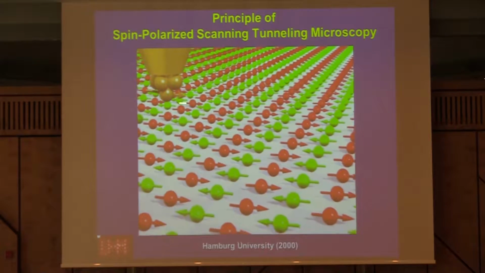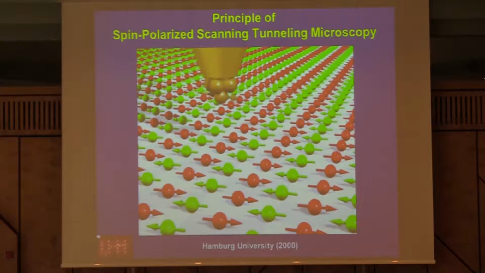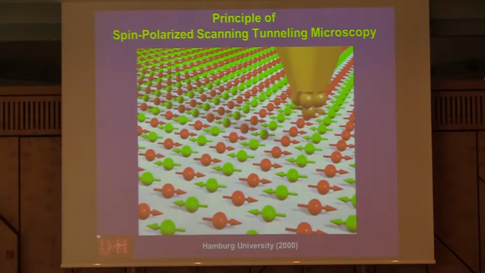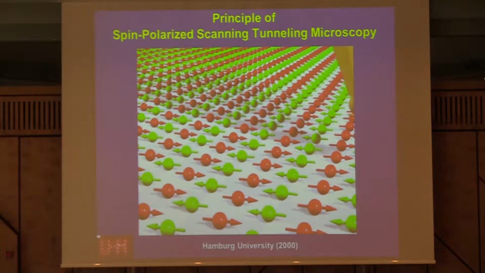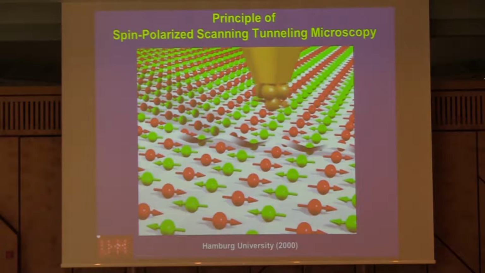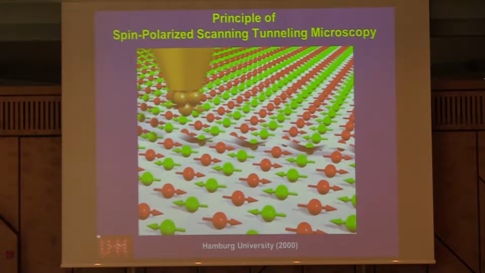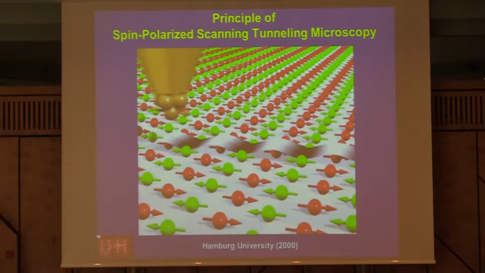Meaning that if you scan this surface with your tip, the tip has to go up and down with the periodicity of the magnetic unit cell, not of the chemical unit cell, as you would with a non-spin-polarized tip.